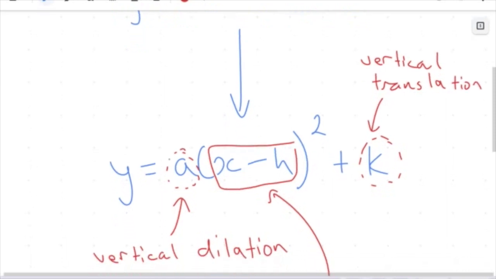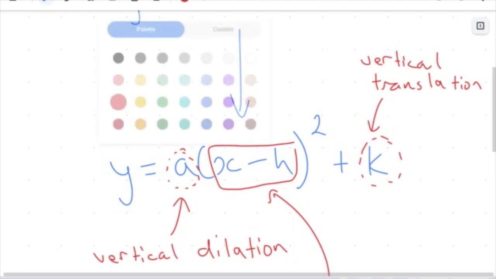Okay, so let's just do one example with an already factorized quadratic expression or equation, and we're going to look at some of these main key points here and try to draw this and just identify what these features in this particular form can tell us about what the parabola looks like.